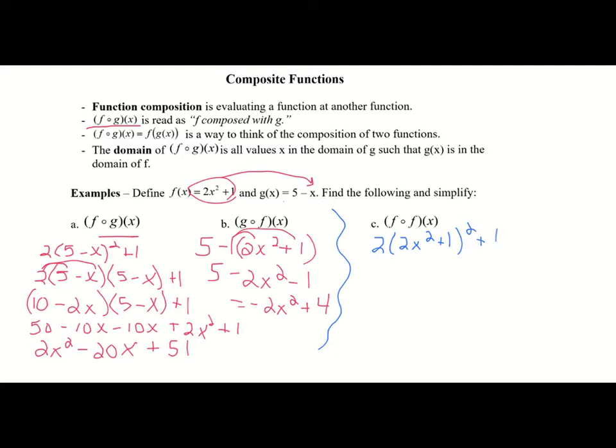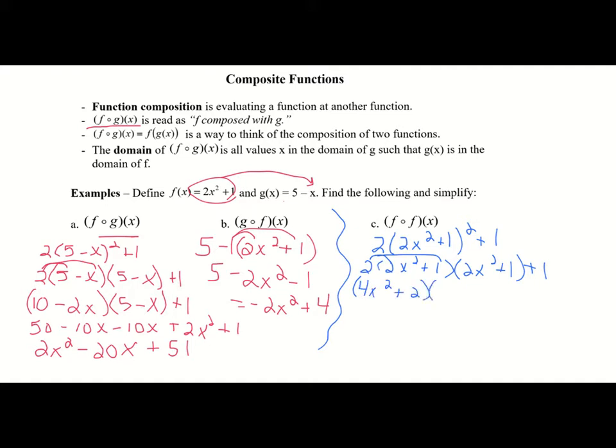We need to simplify this by FOILing the 2x squared plus 1. So we have 2 times (2x squared plus 1) times (2x squared plus 1), and then plus 1 on the outside. I multiply the 2 times the first binomial, which gives me 4x squared plus 2.